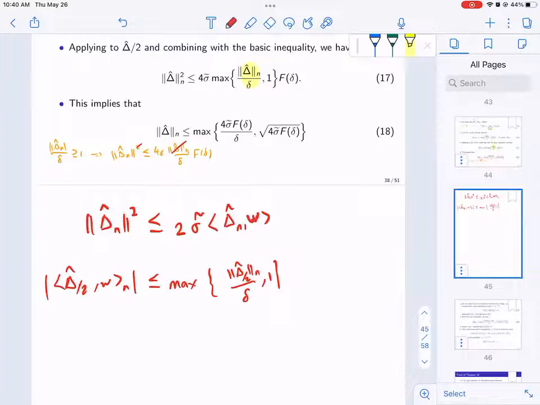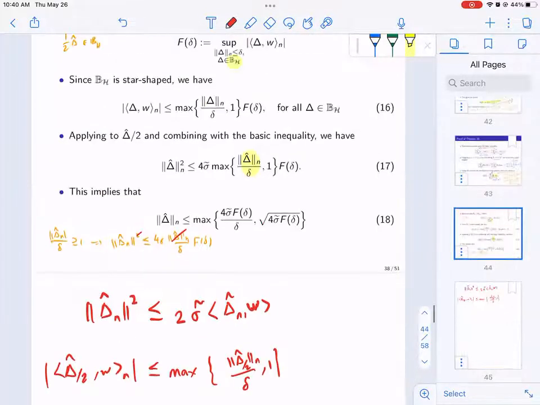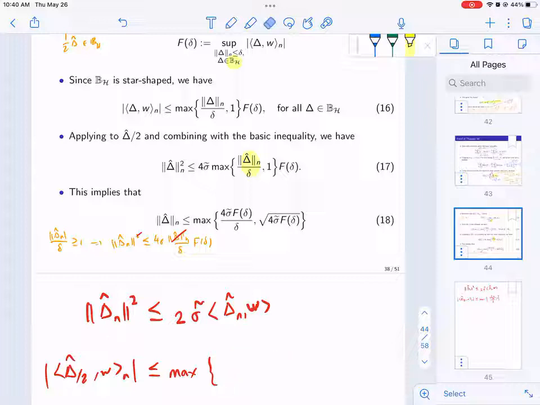So this is the basic inequality that we had. And then I'm going to apply this result to delta hat n, delta hat over 2. So I also get delta hat over 2n divided by delta n1 f delta.